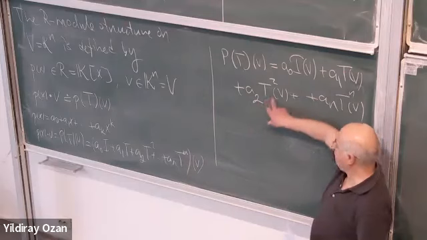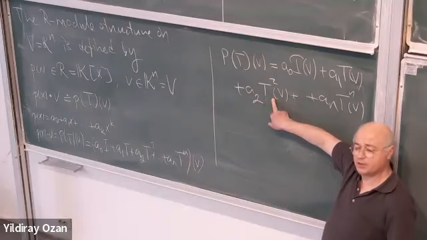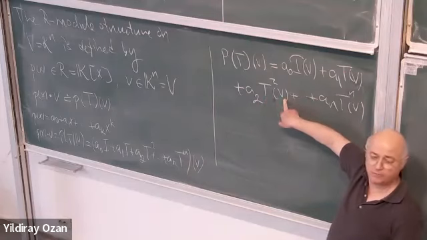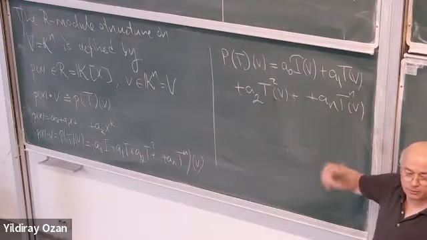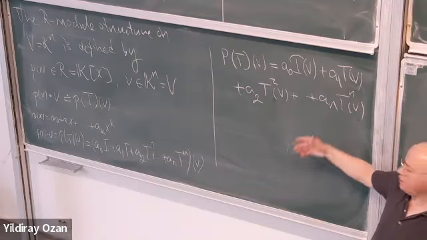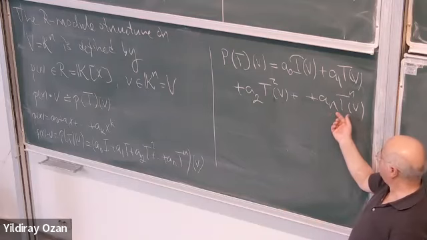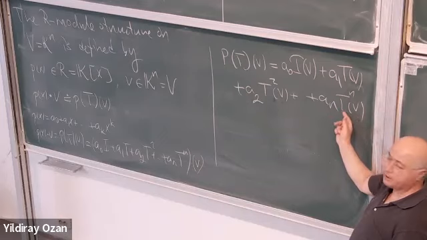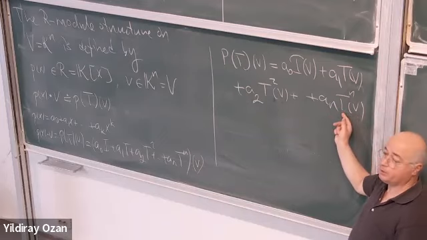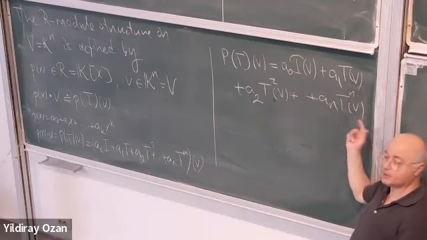So T squared v means you apply the operator T to the vector v twice. Here we apply n times. Since I can write this in matrices, it will mean that you multiply the coordinates of this vector by the matrix of this operator, n times. Okay.